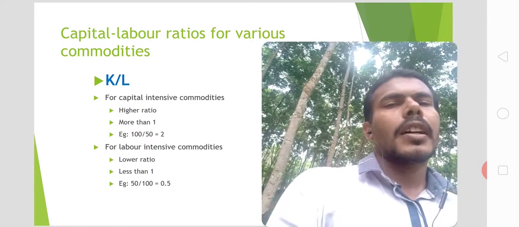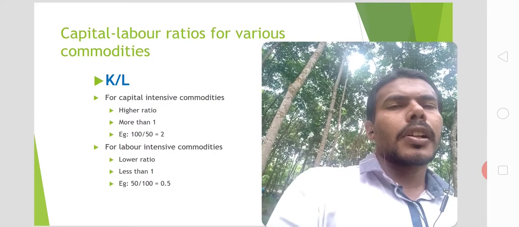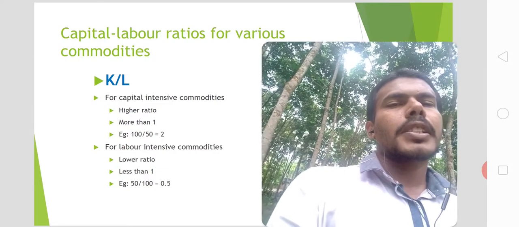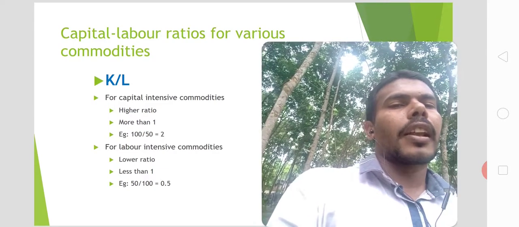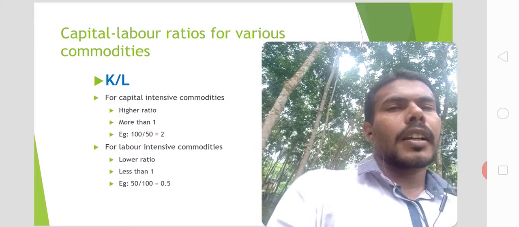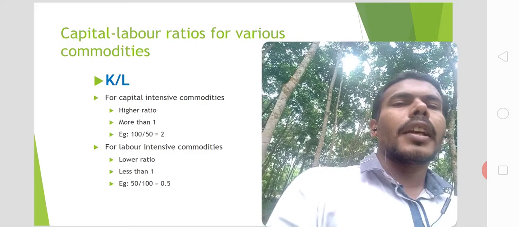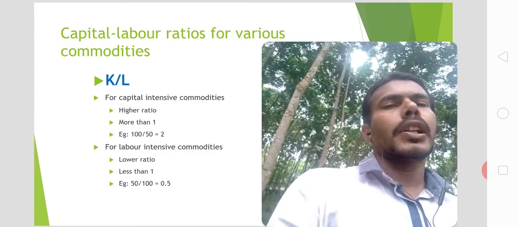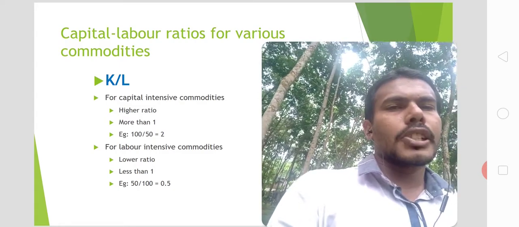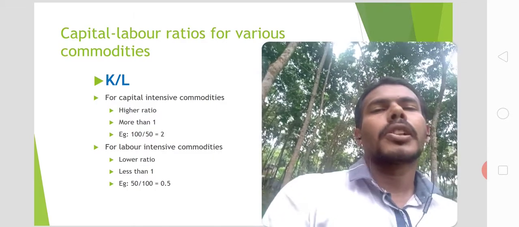If the capital labor ratio is greater than 1, that means K is greater than L. Suppose K's value is $100 billion and labor's value is $50 billion. Then 100 by 50 is 2. That means the capital labor ratio is 2.